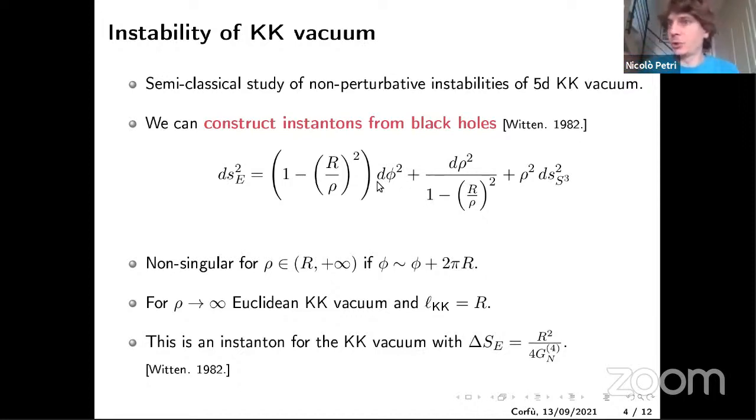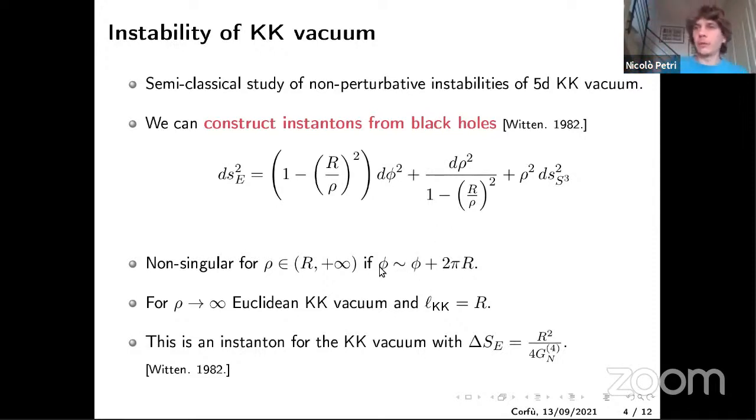And then, as usual, when we pass to the Euclidean, we obtain a Euclidean background, and this Euclidean background is completely smooth once we exclude the part corresponding to the interior of the black hole, and we topologically include the border by doing this periodic identification on the Euclidean time.